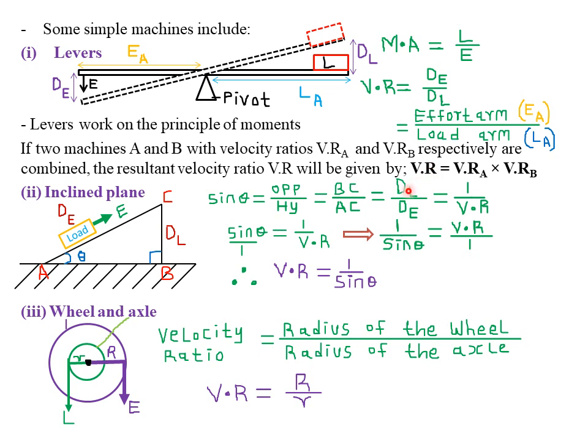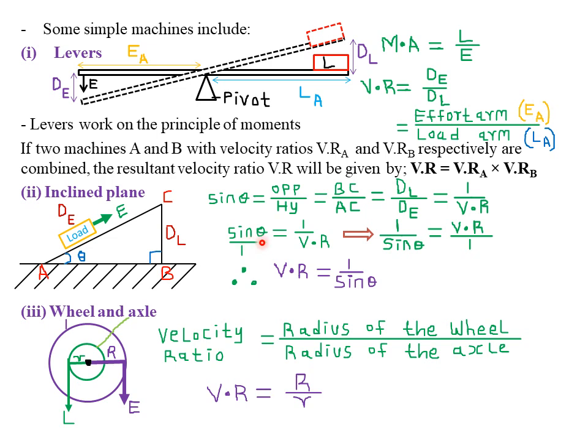So remember here we also have DL over DE. That simply means if DE over DL is equal to velocity ratio, then the reciprocal, DL over DE, will be equal to the reciprocal of the velocity ratio, which is 1 over VR. Now, if I pick the first quantity and the last quantity, we have the sine of theta being equal to 1 over velocity ratio.